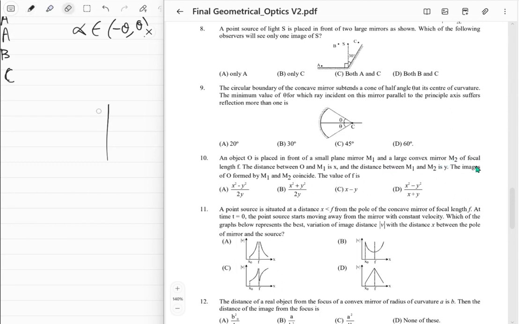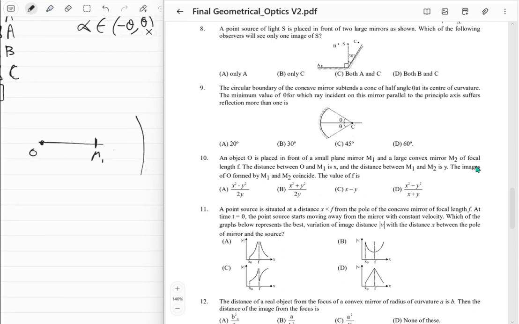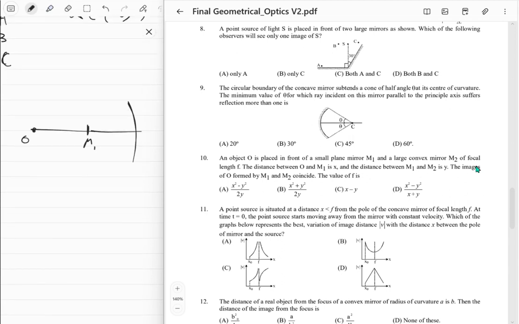Oh, so I think they're talking about something like this, you know. So you got this object, you have M1, so a small mirror, and then you have a larger mirror with less curvature, of course, and yeah, so M2 like this. So then it will be possible for both of them to actually form images.